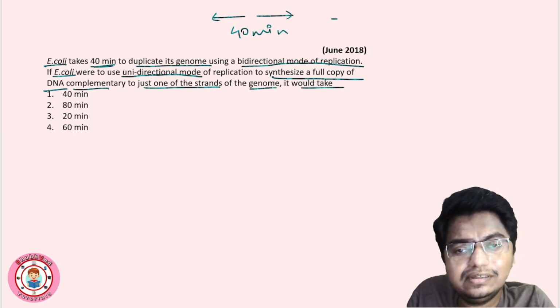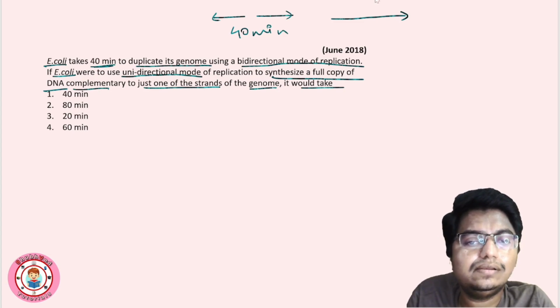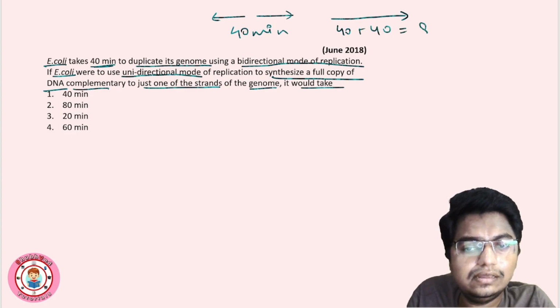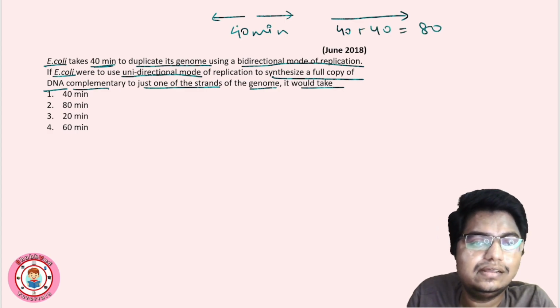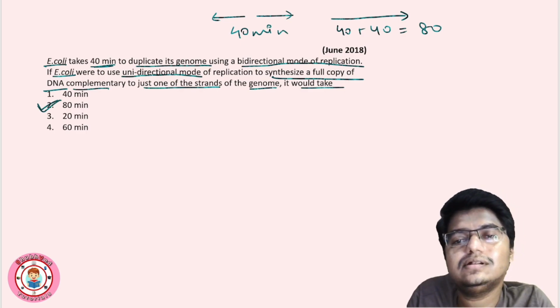Then if it is done singly, it will be double, meaning 40 plus 40 equals 80. Okay, so option number 2 will be the answer.